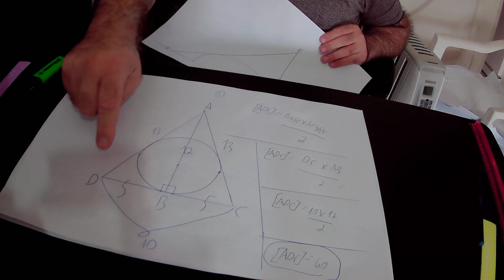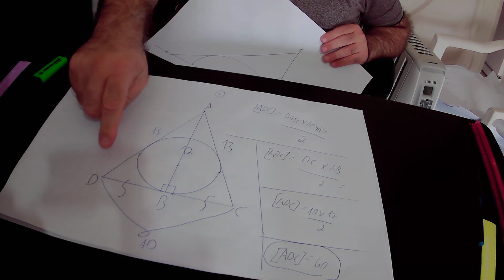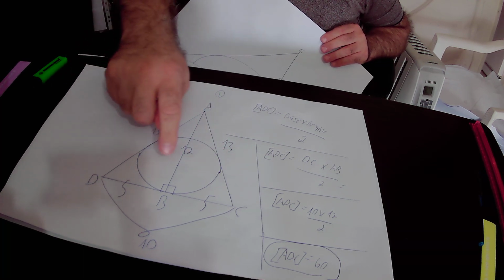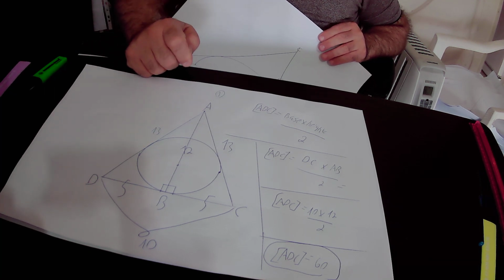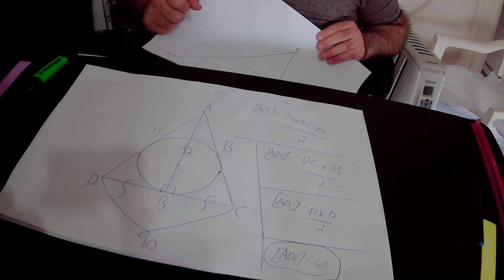BC is 5, so DB will also equal 5. Therefore, the base of the isosceles triangle ADC equals 5 plus 5, that is to say 10 units. And the height AB equals 12 units, as given in the question.